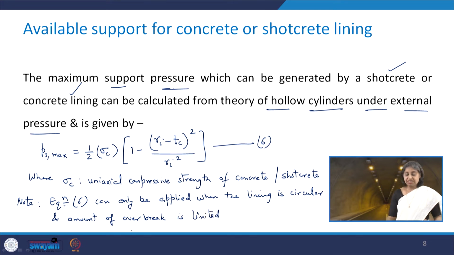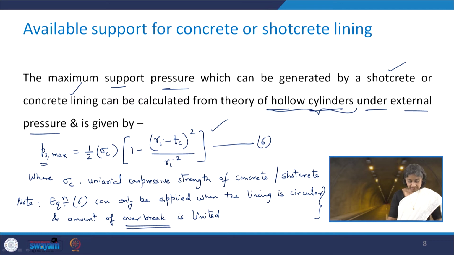In one of the previous classes, I mentioned to you what exactly you mean by this overbreak. Kindly take a note that we have obtained this PS max from the theory of hollow cylinders under external pressure. So, in case the cross section is not circular, this expression will not be applicable. So, here one limitation is there when we find out the maximum support pressure which is generated by a shotcrete or the concrete lining.